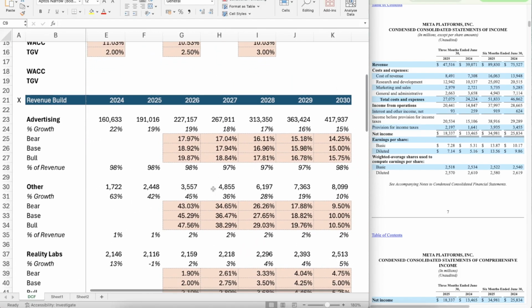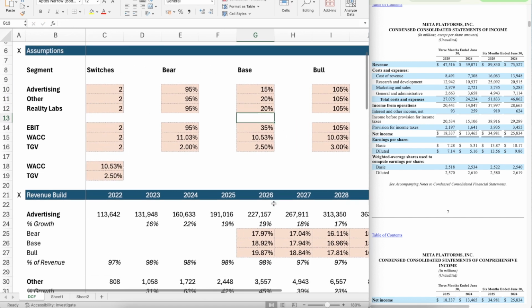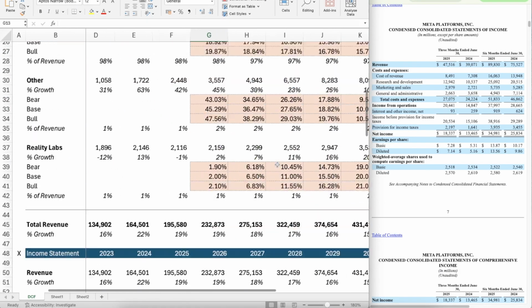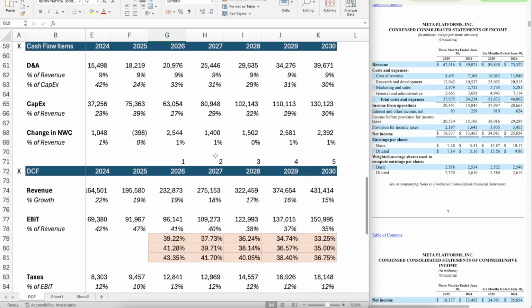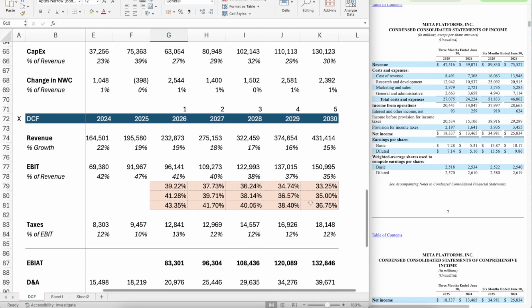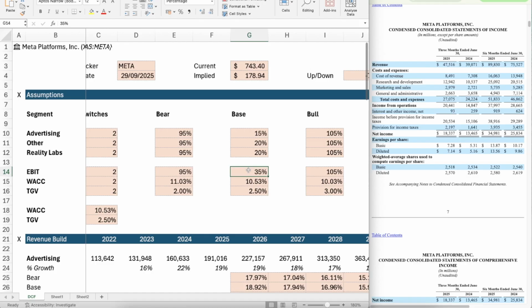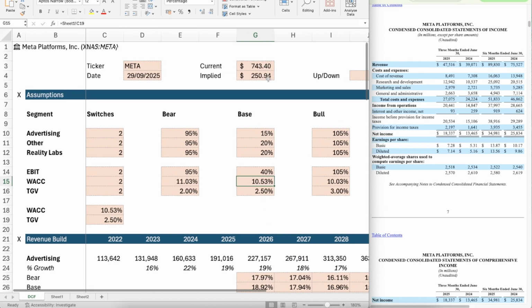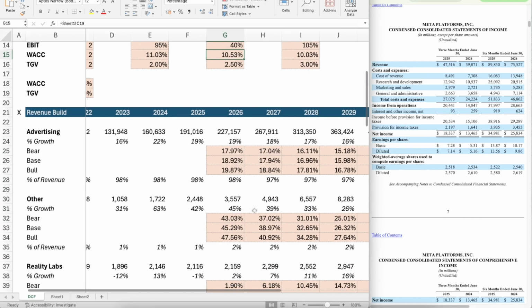So I wonder if we're being too conservative. Let's say advertising stays at, no, leave it at 50, but let's put other and reality to 20%. Yeah, it doesn't really move the needle. It's still around the same. Maybe we can put the EBIT margin up to 40%, 250. So it's still 65 or 66% downside.